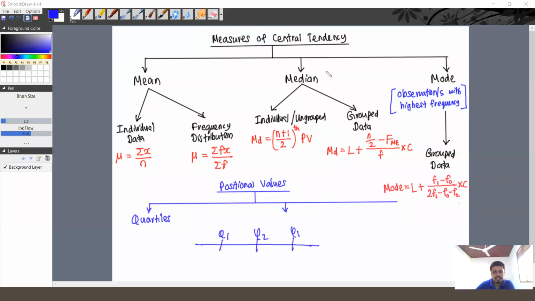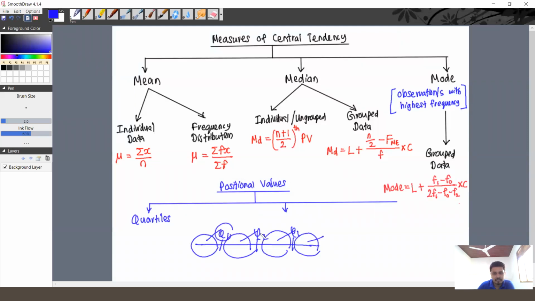Is it 3? තුනයිද? Yes, 4. මේ තියෙන්නේ එක කෑල්ලක්. මේ තියෙන්නේ අනිත් කෑල්ල. මේ තියෙන්නේ තුන්වෙනි එක. මේ තියෙන්නේ හතරවෙනි කෑල්ල. We are dividing our data set into 4 equal parts.